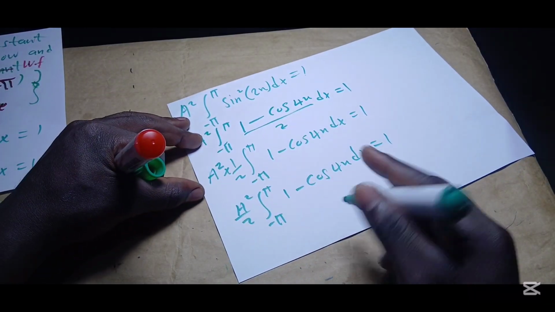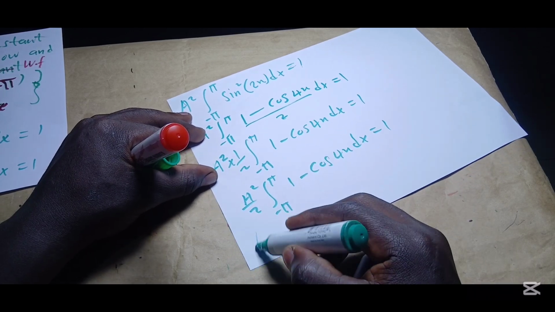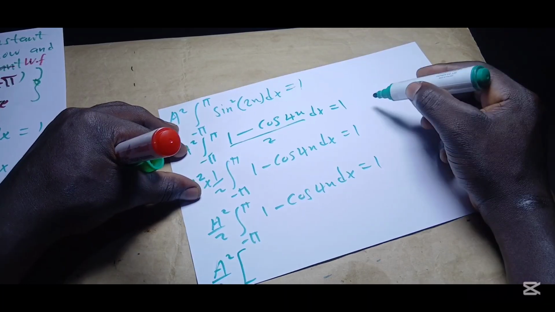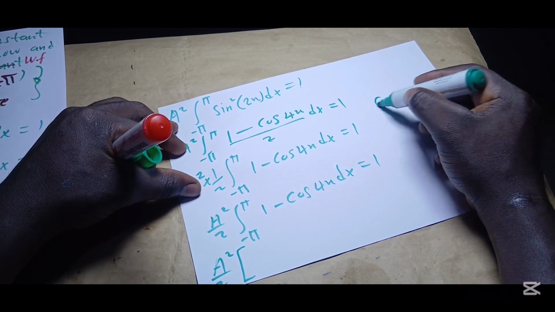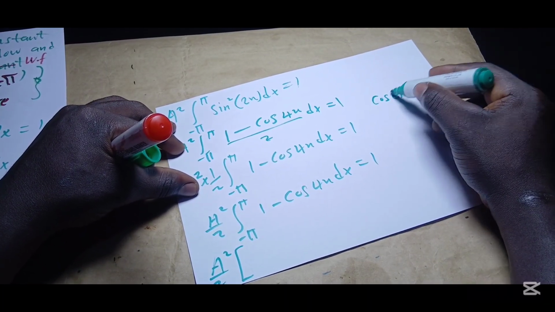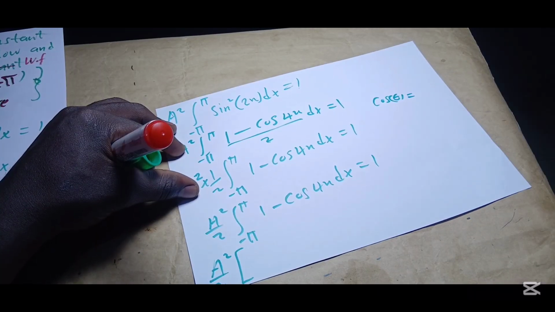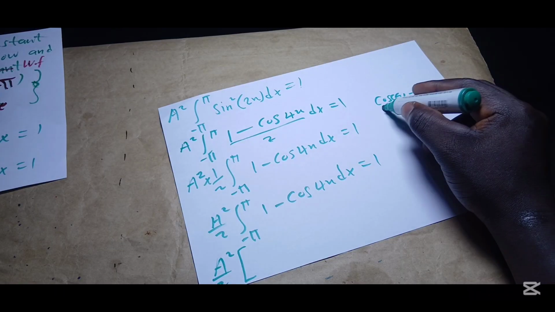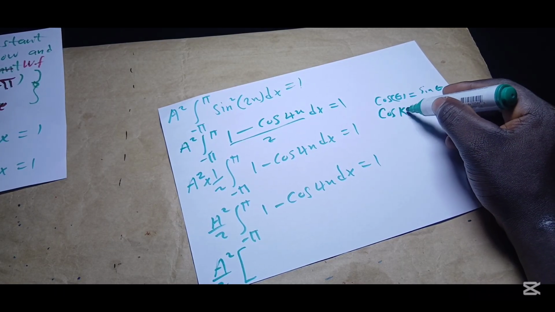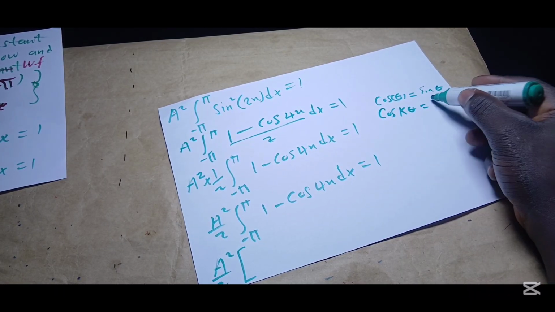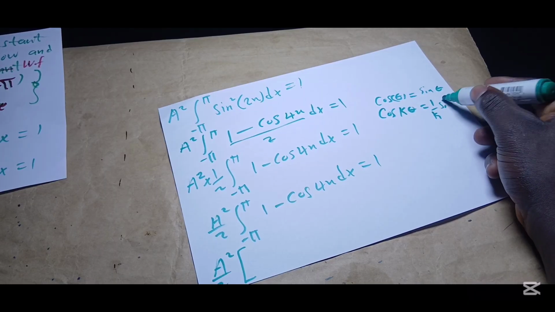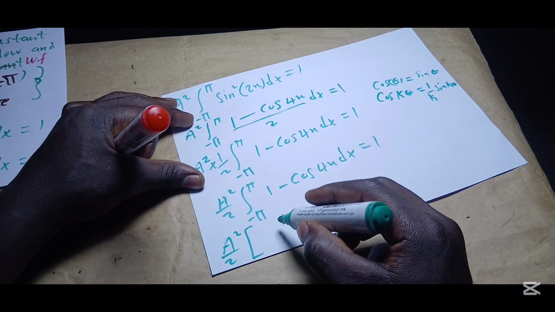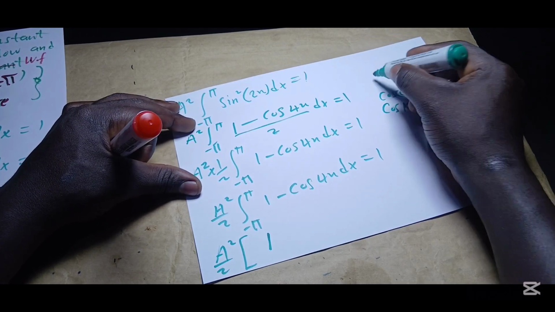So now let's integrate the term. So a squared over 2. If I'm integrating cos theta, it's going to give me sine theta. But if I'm integrating cos k theta, it's going to give me 1 over k sine k theta. So we are going to apply that idea here. So we have 1, integrating 1, a constant.